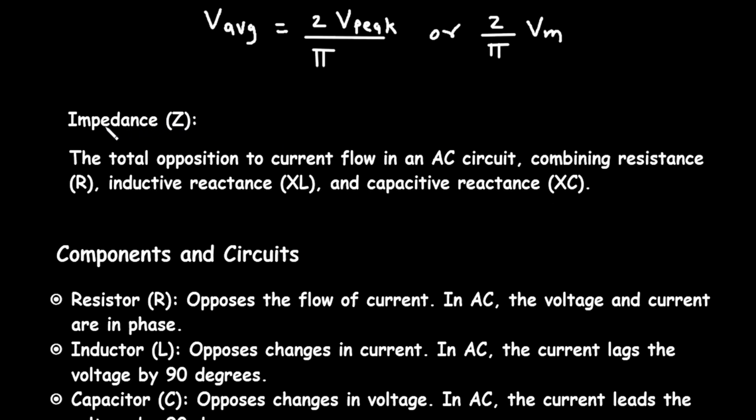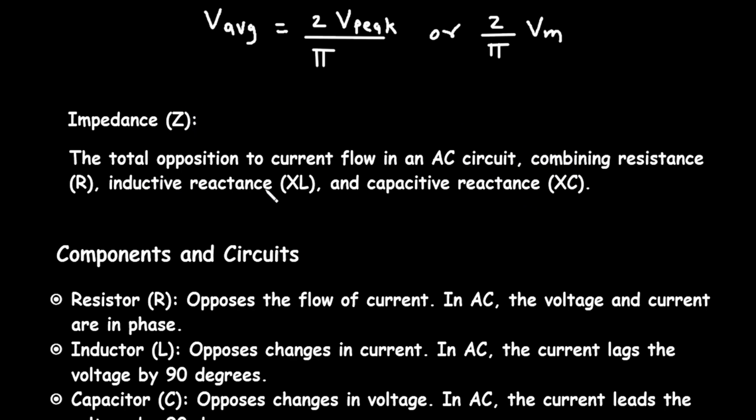Then next is impedance. Impedance is represented by capital Z. The total opposition to current flow in an AC circuit, combining resistance, inductive reactance and capacitive reactance, is called impedance.